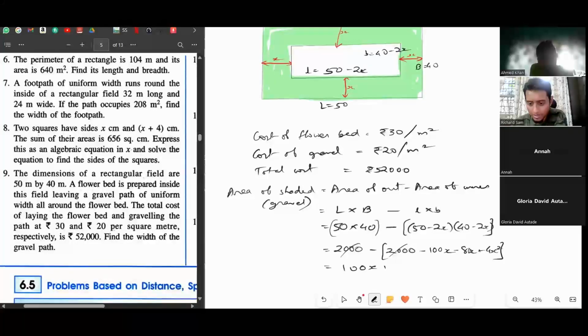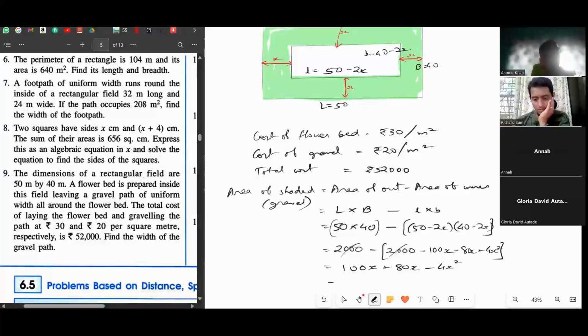Plus 80x. Minus 4x squared. So that is 180x minus 4x squared.